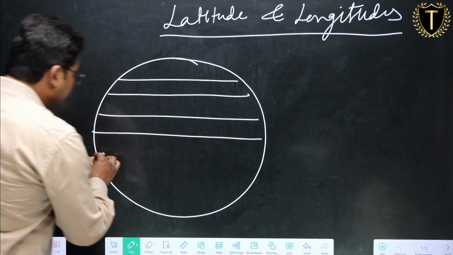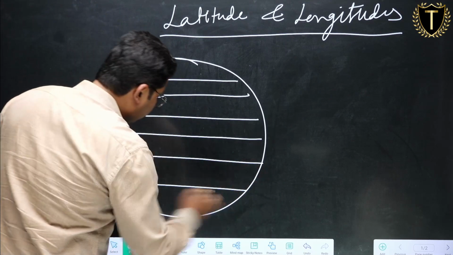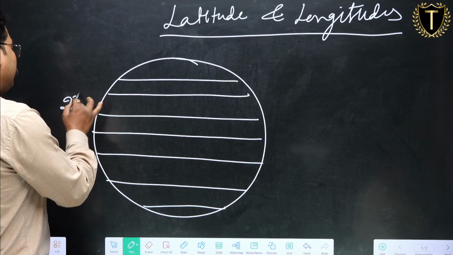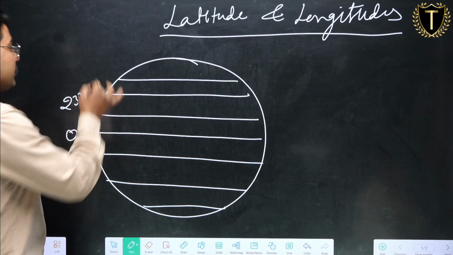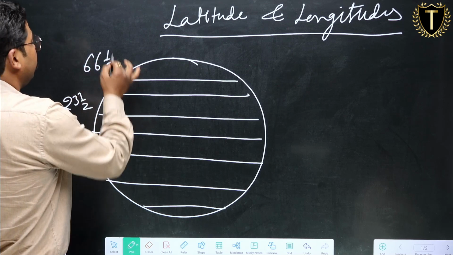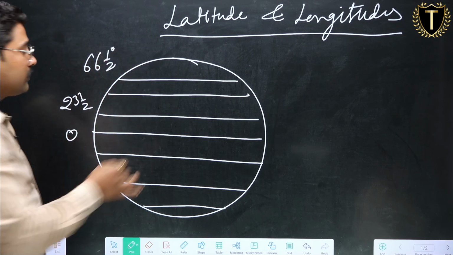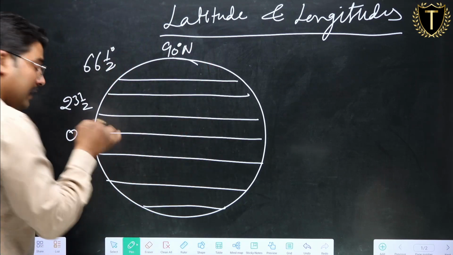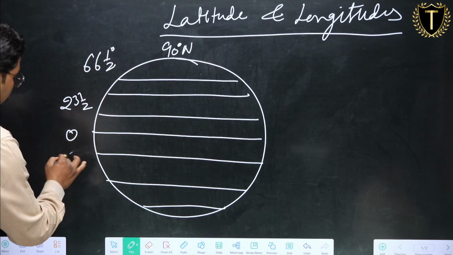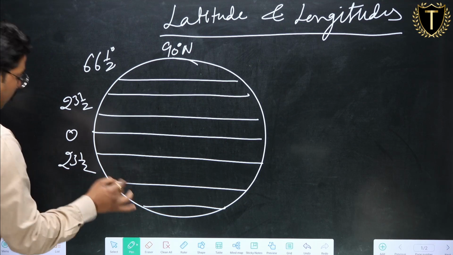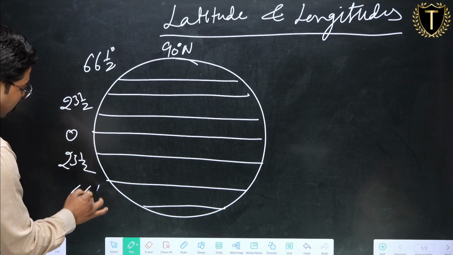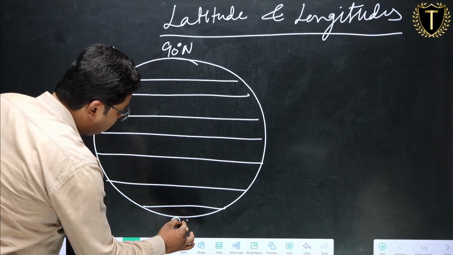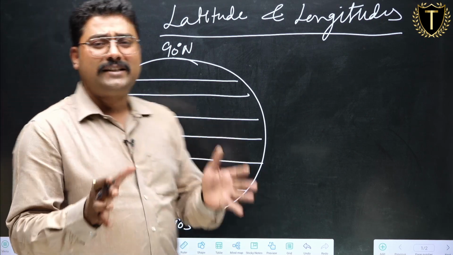The major latitudes are 0 degree as Equator, 23.5 degree north as Tropic of Cancer, 66.5 degree north as Arctic Circle, and 90 degree north as North Pole. Like this only in the southern hemisphere, 23.5 degree south Tropic of Capricorn, 66.5 degrees south Antarctic Circle, and 90 degree south as South Pole. These are the basic things.